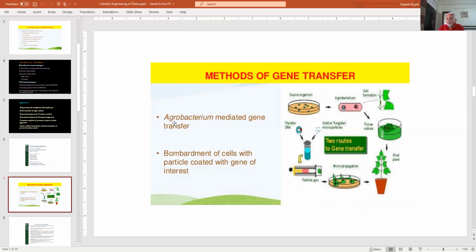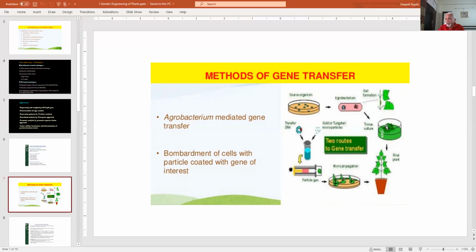We have already discussed in greater detail the system of agrobacterium-mediated gene transfer. Here you take the tissue from the recipient plant and then infect these pieces or tissues with agrobacterium and then put them for selection for the transgene integration on a selection medium.